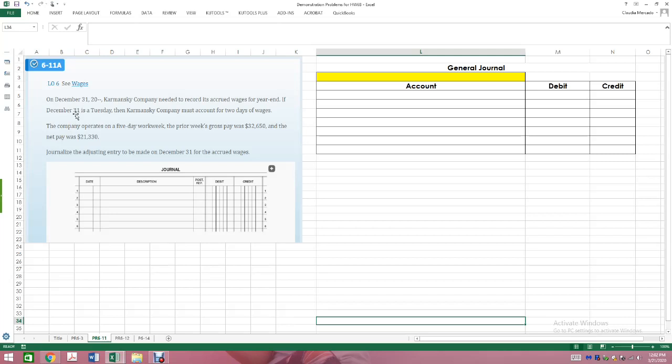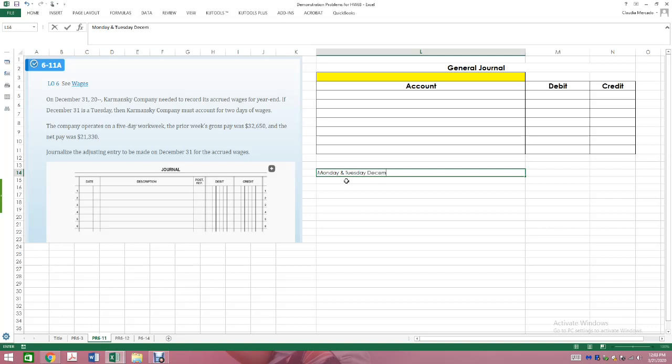Okay, so as of December the 31st, 2019, the employees had worked Monday and Tuesday. Okay, so let me draw it here. Okay, so Monday and Tuesday are December 30th and 31st, 2019.